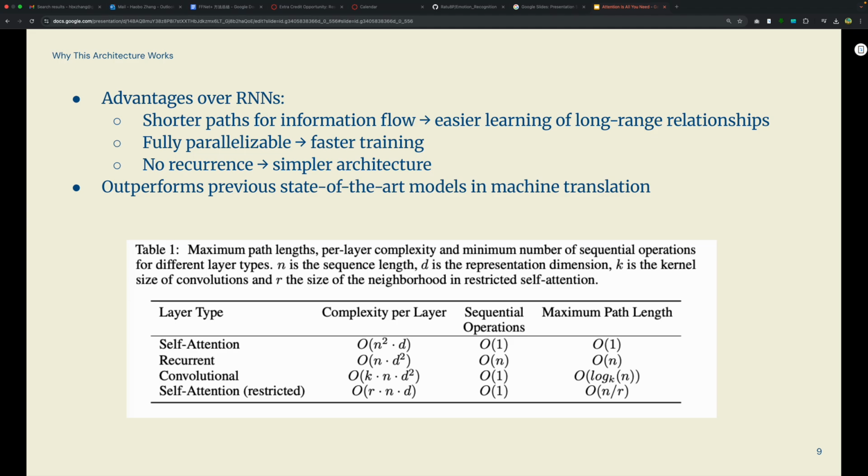As you can see in the screenshot, the complexity per layer is much less for self-attention than for recurrent or convolutional neural networks, which makes it train much faster.